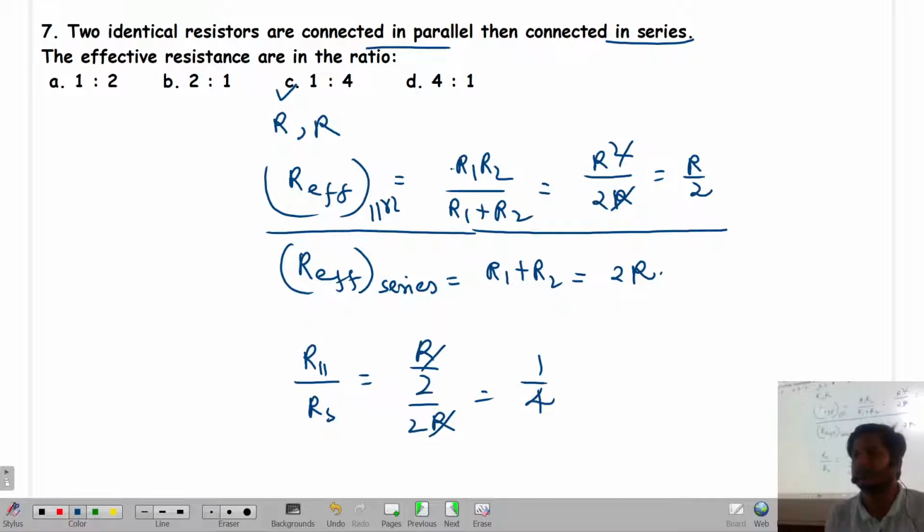Chandru, were you able to understand? Easy problem or very easy problem? Level 1 problem. Okay. Just level 1 problems these are. Very easy. Can I move to the next question?